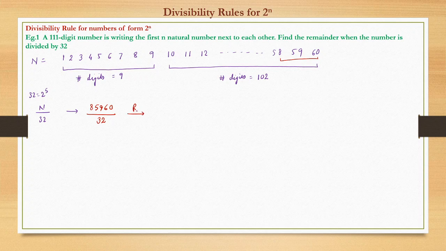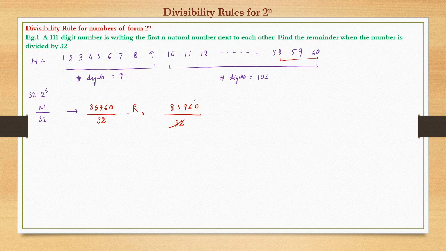So let us check this: 85960 by 32. 4 will divide because the last two digits are 60, so 4 must divide.